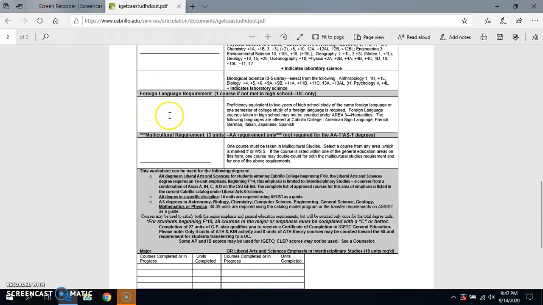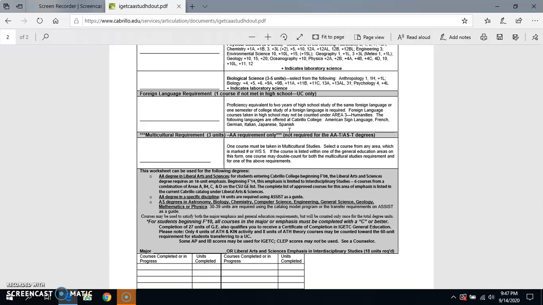The foreign language is very specific for UC. If you're going to a CSU, they don't require a foreign language for general ed. If you completed 2 years of foreign language, of the same foreign language that is, in high school with a C or higher, you can use your high school transcript to fulfill that requirement.